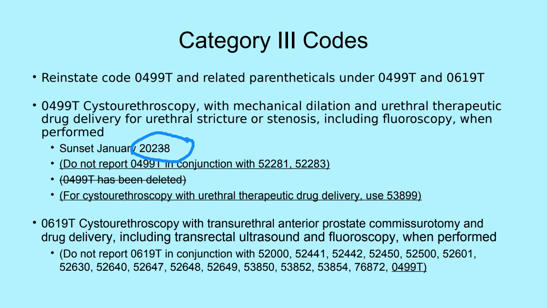Okay, so we also see 0619T, cystourethroplasty with transurethral anterior prostate commissurotomy and drug delivery, including transrectal ultrasound and fluoroscopy when performed. There's a parenthetical under that, and you see that 0499T has been added under the do not report parenthetical under this code.